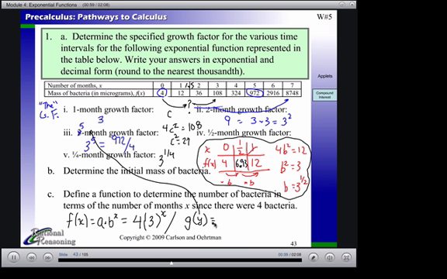Okay? So what's the initial value? 4. So what we're saying is, what is the growth factor for every 5-month period? Is it 5? Every 5 months. What do we multiply to get the next new number of bacteria? 3 to the 5th.